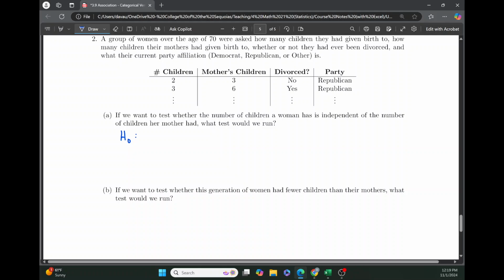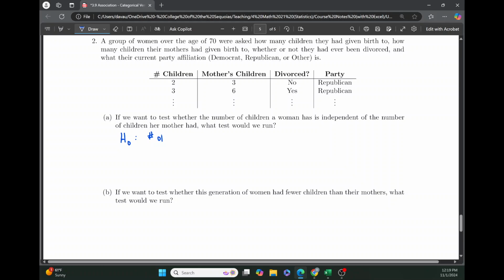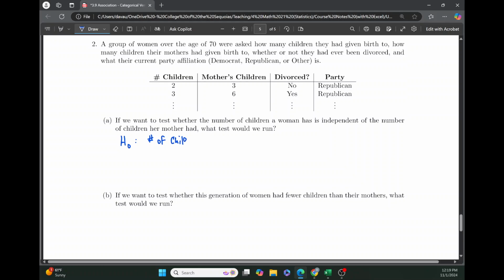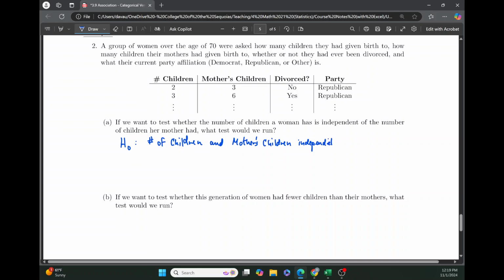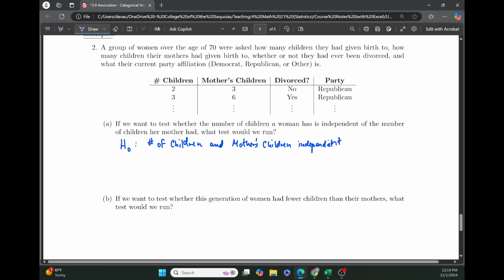So we'll do: is number of children and mother's children independent. And I won't write down the alternative on any of these examples, but that would be the null, right?